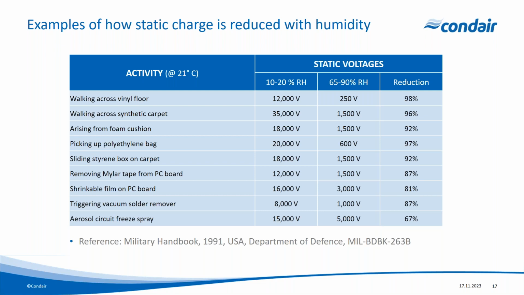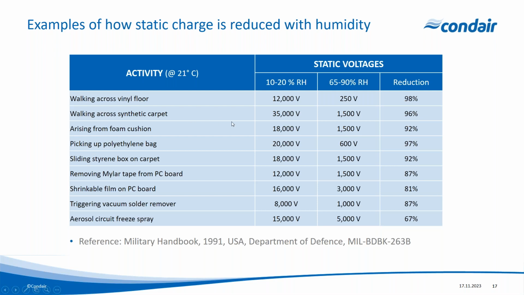But when the humidity increased across the static threshold, again over 45% RH, that static charge utilized those water molecules in the air to distribute to Earth. So that static voltage was reduced down to 250 volts. So that's a 98% reduction in static voltage.